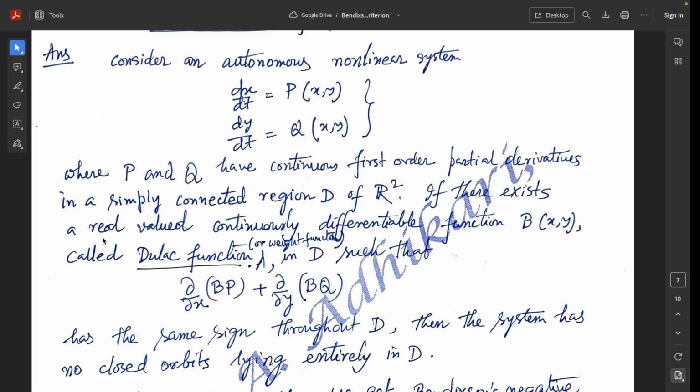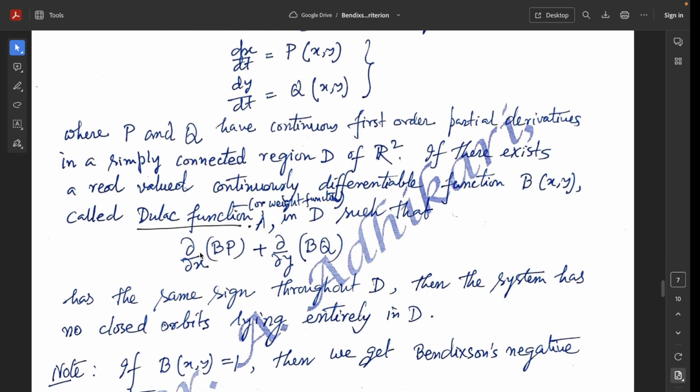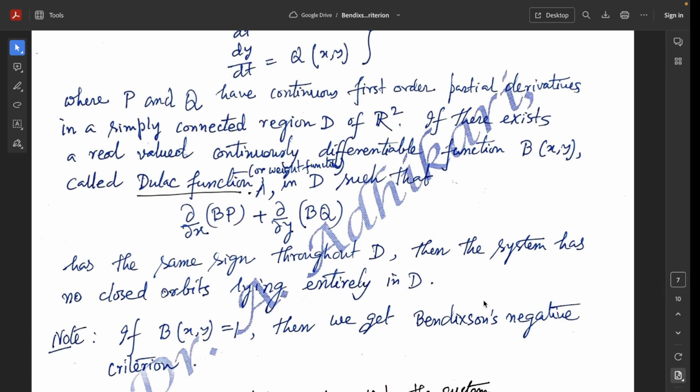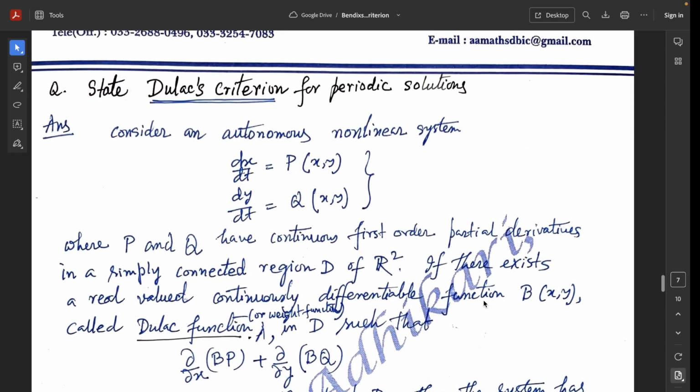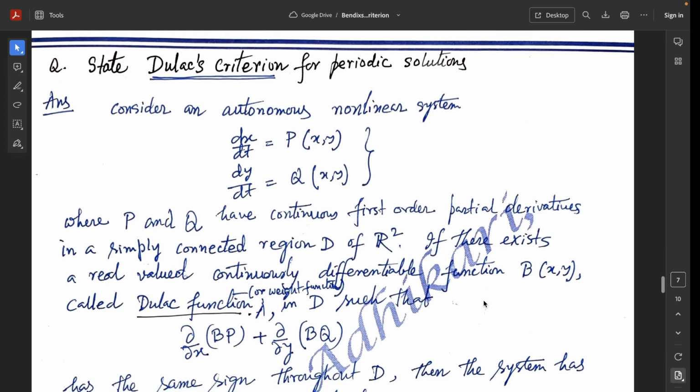If there exists a real valued continuously differentiable function B(x,y), called Dulac function or weight function, in the domain D such that del/del x of (BP) plus del/del y of (BQ) has the same sign, either positive or negative, throughout the region D, then the system has no closed orbits lying entirely in D. This is Dulac's criterion for periodic solutions.